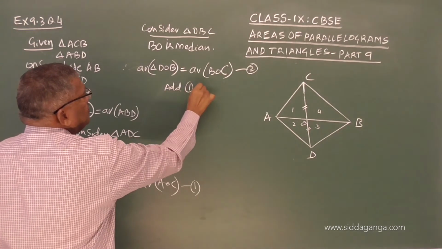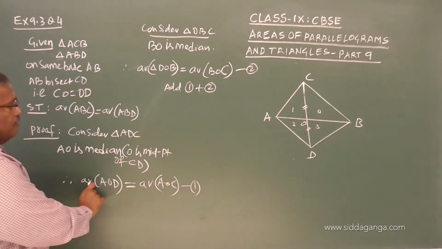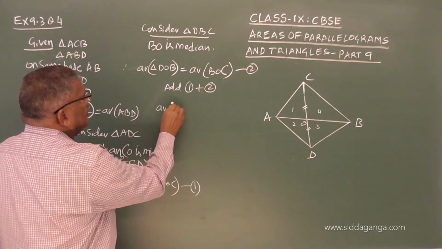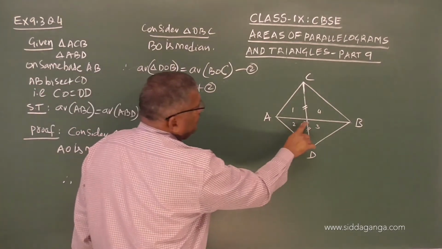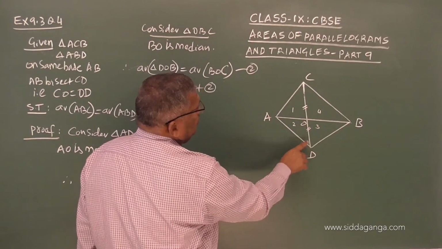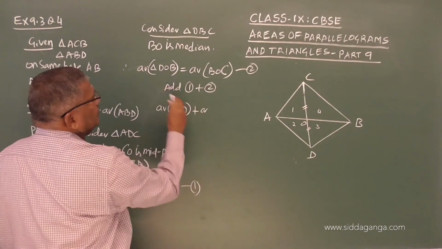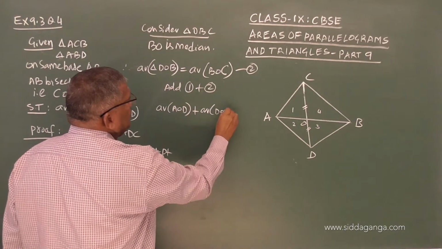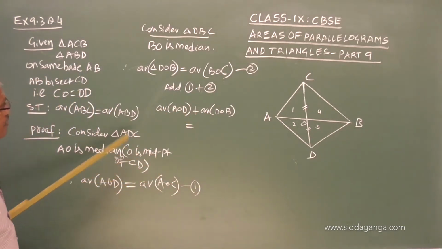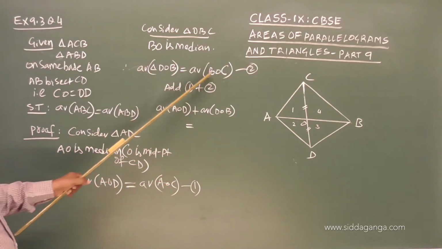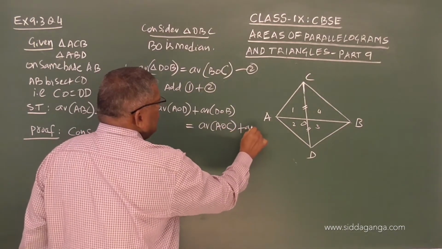Add 1 plus 2. Equation 1 left hand side area AOD plus DOB, this one 2 plus 3, area DOB is equal to, so LHS we have added, LHS plus LHS, now add RHS plus RHS, area AOC plus area BOC.